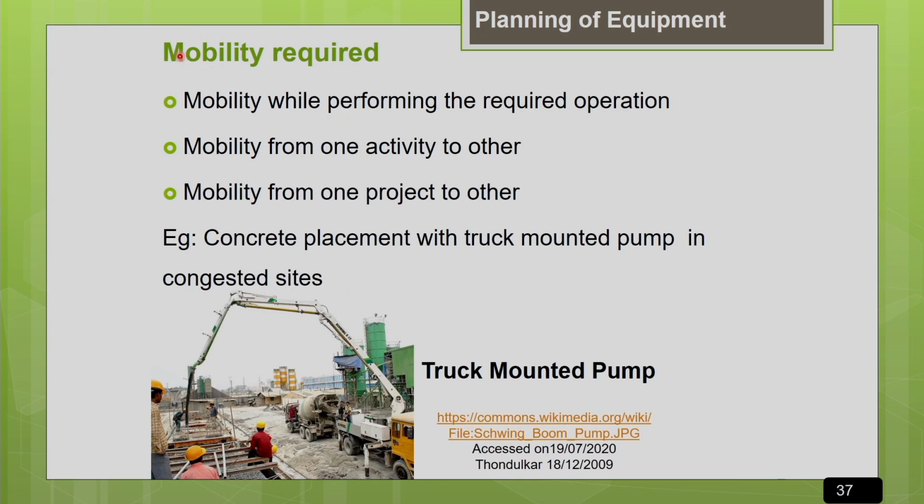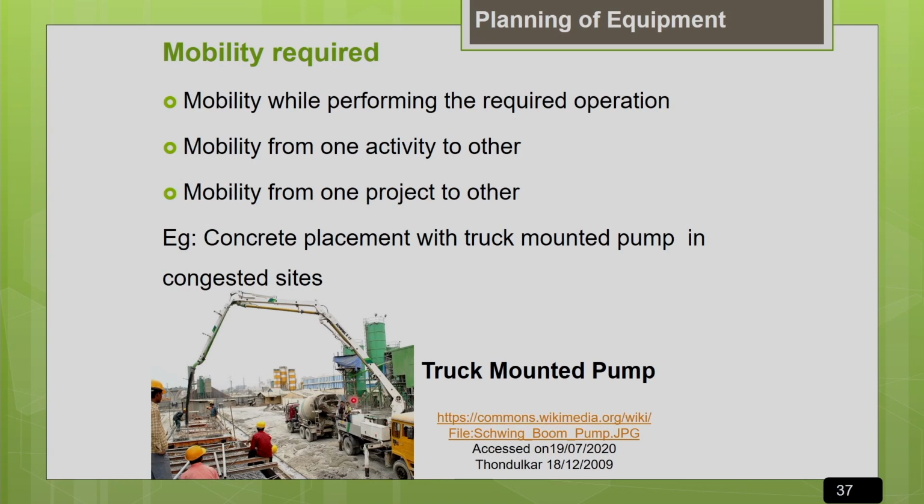This picture shows a truck mounted concrete pump with a boom. Basically we prefer this equipment in sites which are very much congested, where we cannot even lay pipelines on the ground for conveying the concrete. For placing the concrete, if you are not even able to place the pipelines on the ground because of the congested site, we can go for this option.